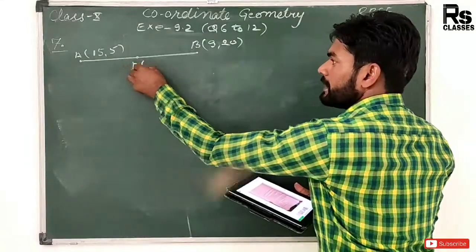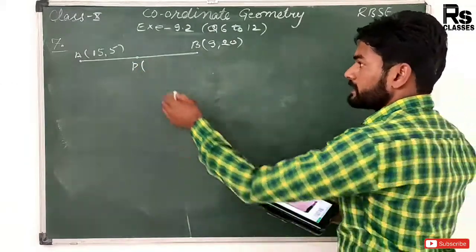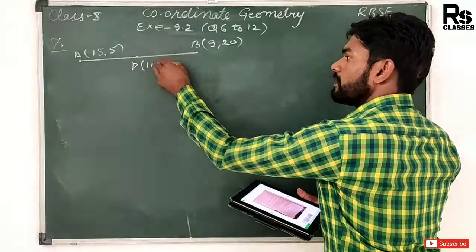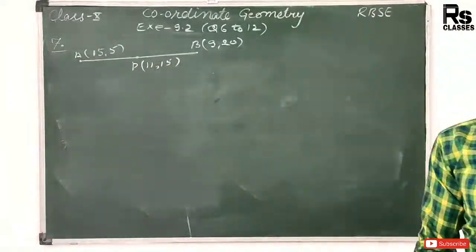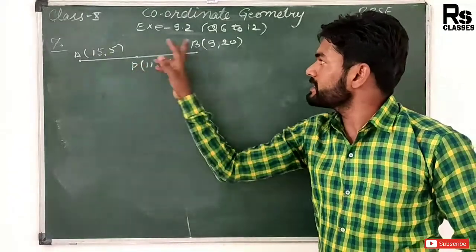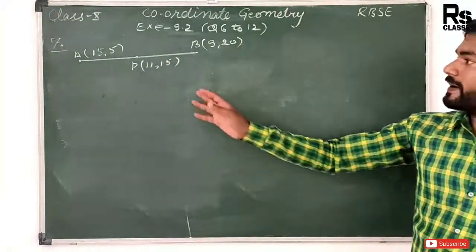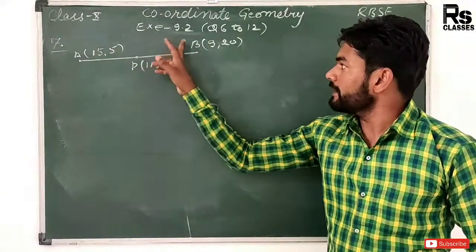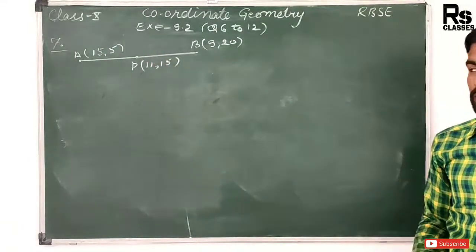Assume this is the point P, with coordinates 11, 15. We have to find the ratio in which P divides AB. Here P is dividing AB internally or externally, we don't know.